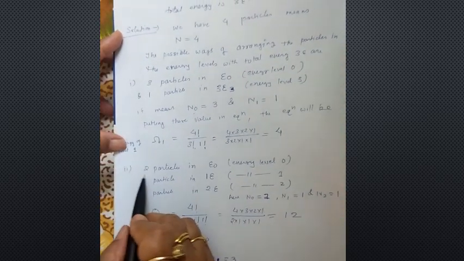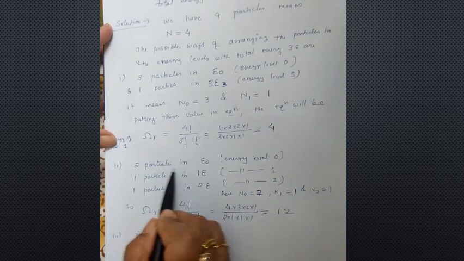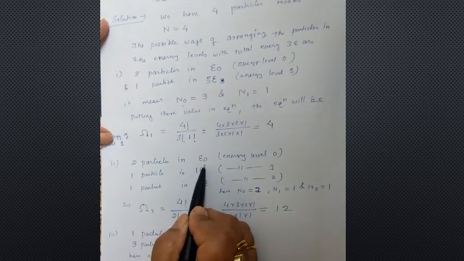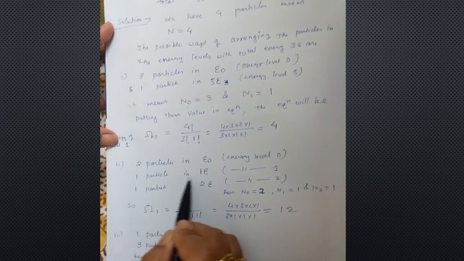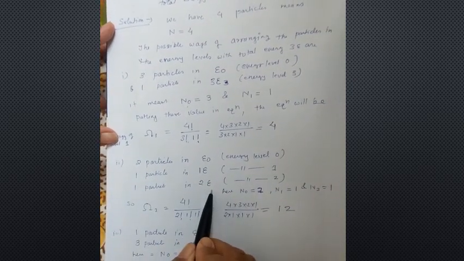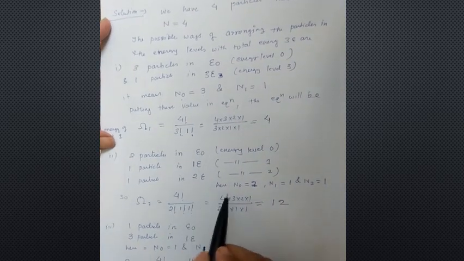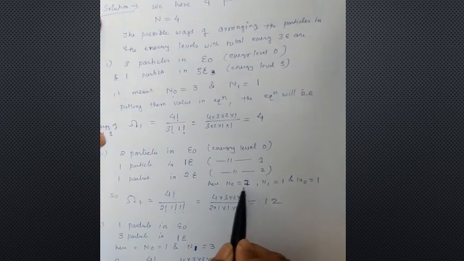The second possible way is two particles in energy level 0, one particle in energy level 1 and one particle in energy level 2. Here n0 is equal to 2, n1 is equal to 1 and n2 is also equal to 1.